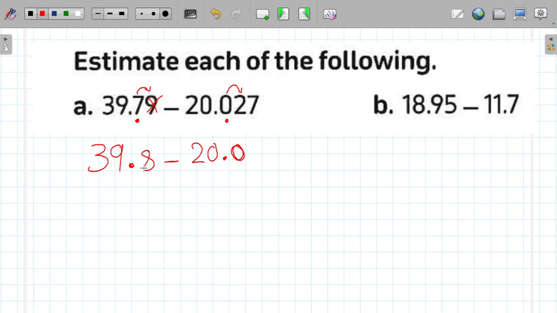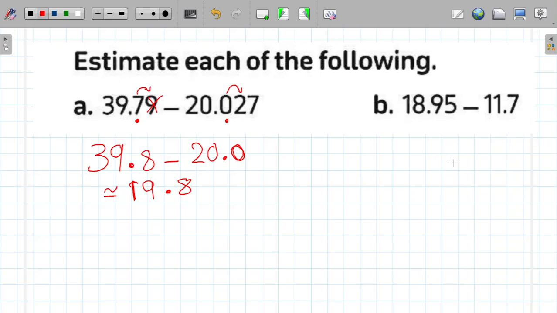So it will be 8 minus 0 equals 8, and 39 minus 20 is 19. So the estimation here will be 19.8. But what is the difference? That we will talk about later, okay?